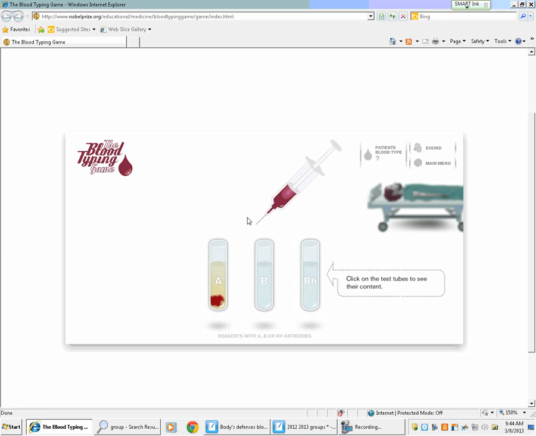Jot down your information. Okay, whenever you're ready, doctor, why don't you test this patient's blood in test tube B?